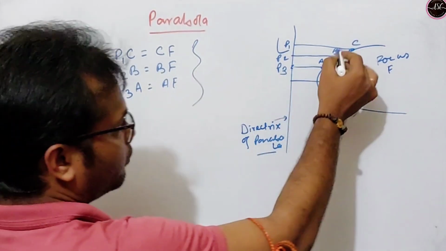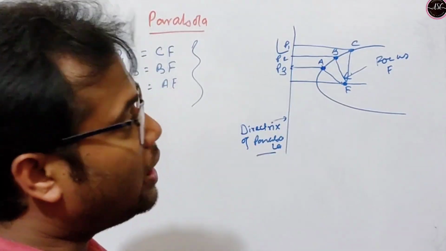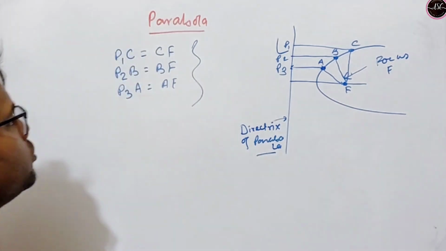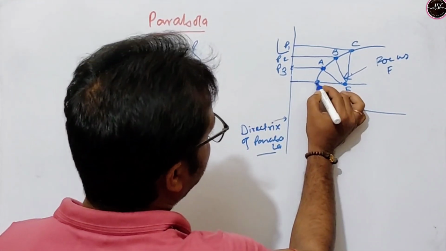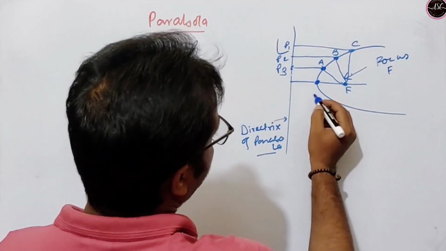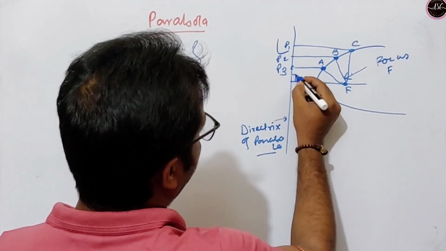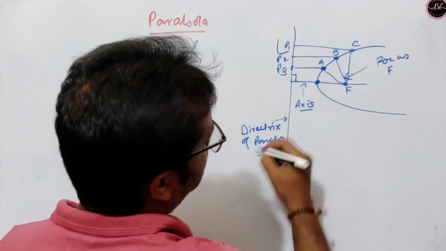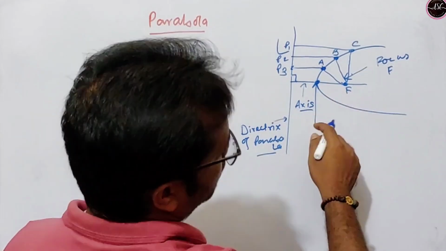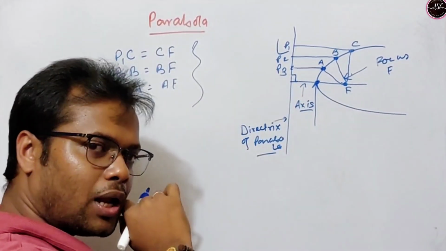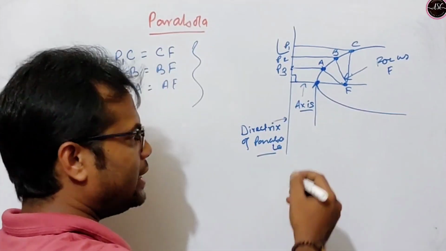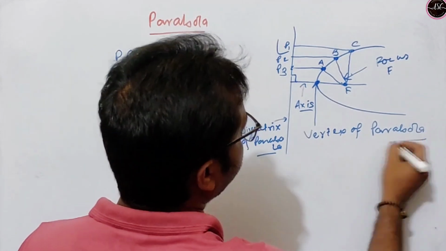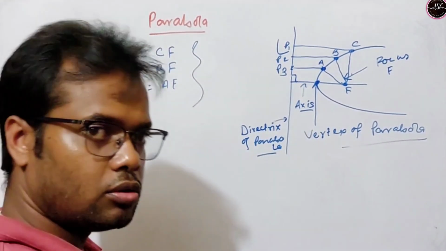So any point on the parabola is equidistant from this focus and from this line. Now, the line perpendicular to the directrix and passing through F is called the axis of the parabola, and the intersecting point of the axis and the parabola is called the vertex of the parabola. This concept you should know.